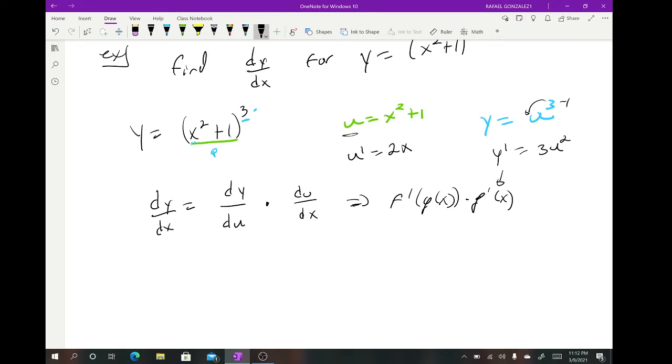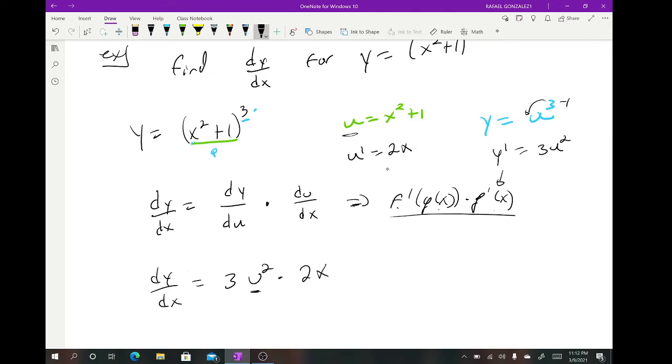So now, by applying the chain rule, we have that the derivative of y with respect to x is equal to, let's see, we have f prime of g, so 3u squared, times u prime, which is 2x. So I just follow the rule: f prime evaluated at g times g prime of x. Now, this is not g, this is u.